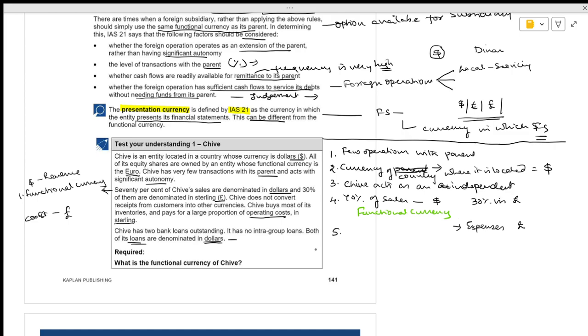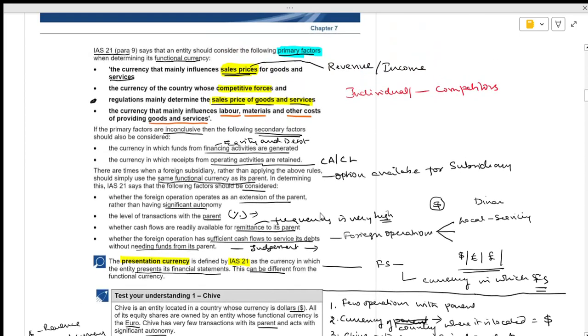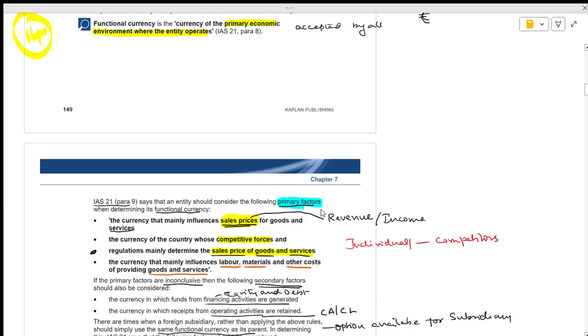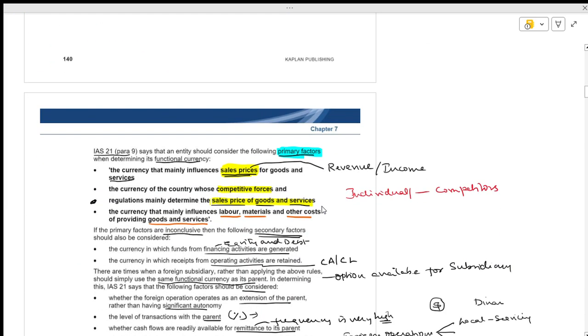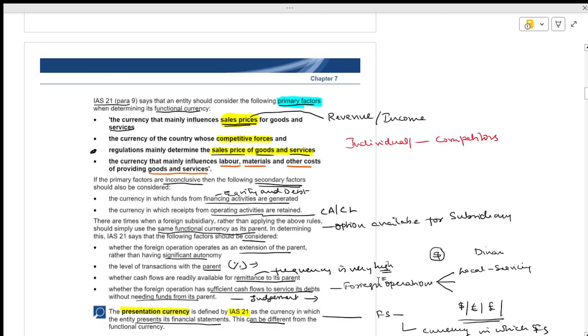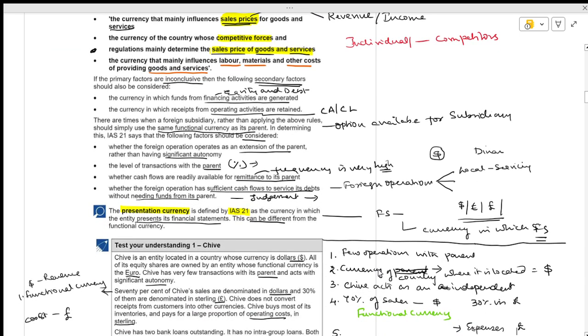Now, make it a point, I am going back very clearly. What are the primary factors? The currency that mainly influences the sales price, competitive forces, sales, and primary is sales. The fourth point is the labor, materials and other costs. Whereas secondary factors are what?